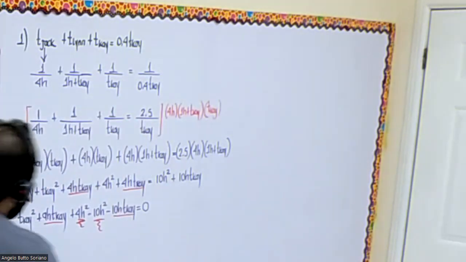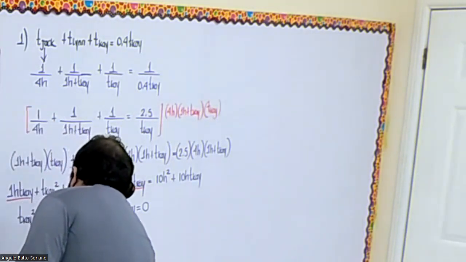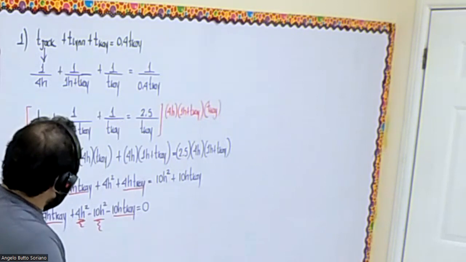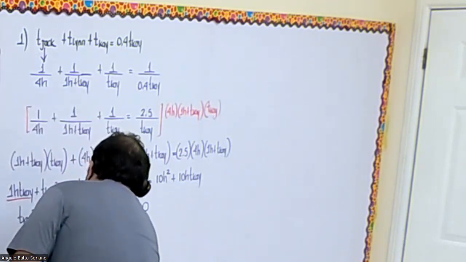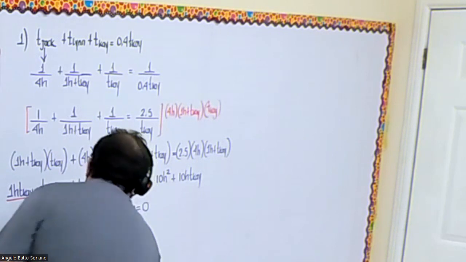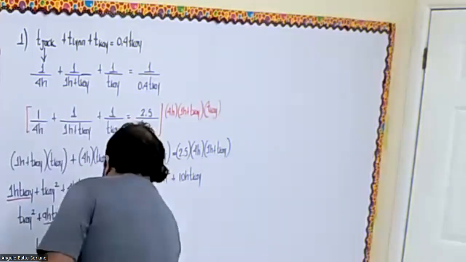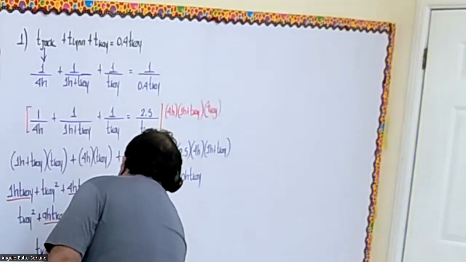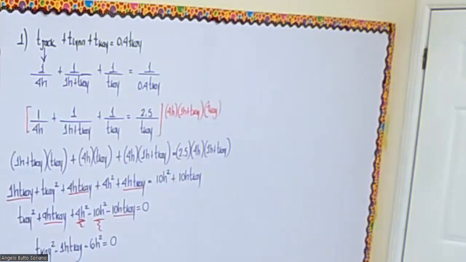So we got this quadratic equation. Period of time chi, second power, 5 minus 10 will be negative 5, so negative 5 hours period of time of chi, right? And finally, 4 minus 10 will be negative 6, 6 hours square. And this equation will be equal to 0.